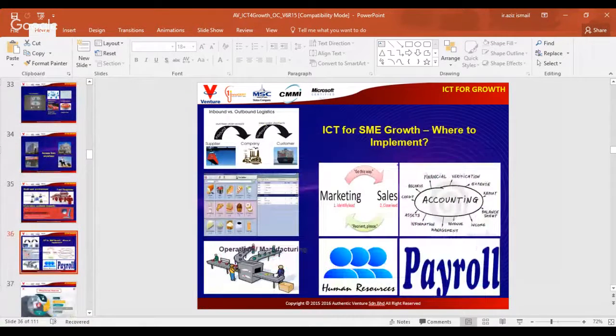Okay, where to implement? Basically, use it to manage your sales. Of course, then you can connect that to cost, payroll, and even point of sale.